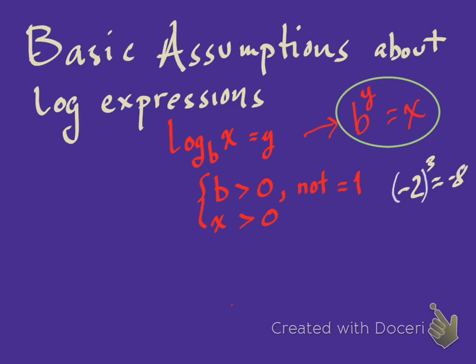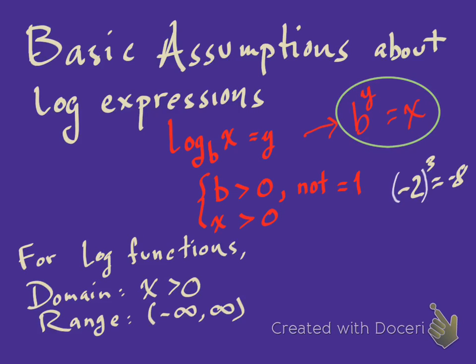If you think about that, that makes sense, right? Because if you take a positive number b and raise it to some power, that result will always be positive as well. So what we're doing here in terms of log functions is we are defining, by these assumptions, the domain and the range of a log function.